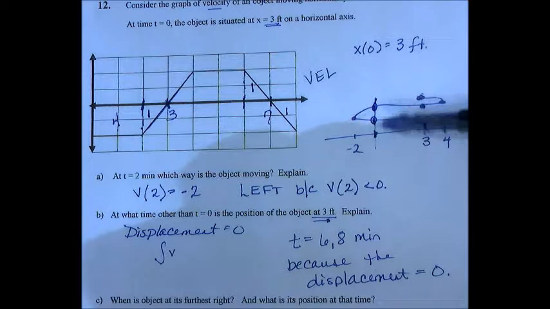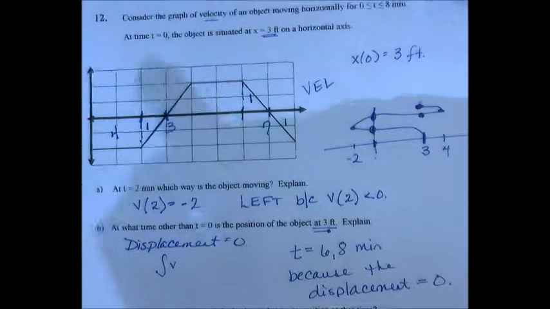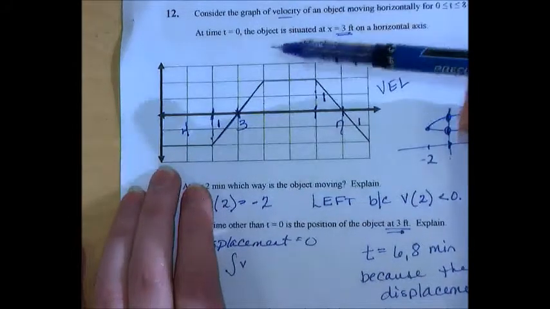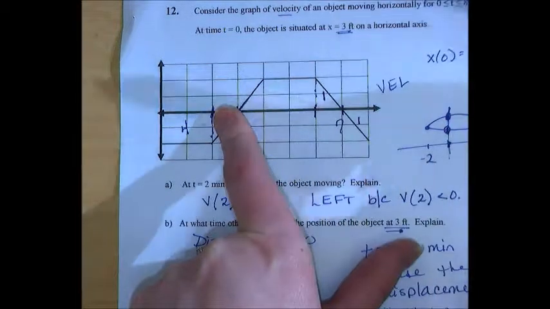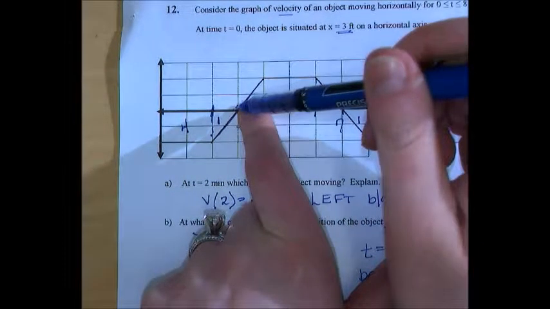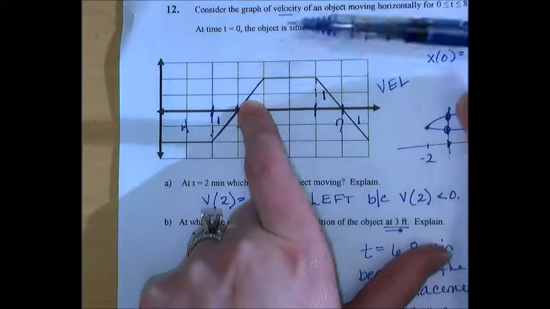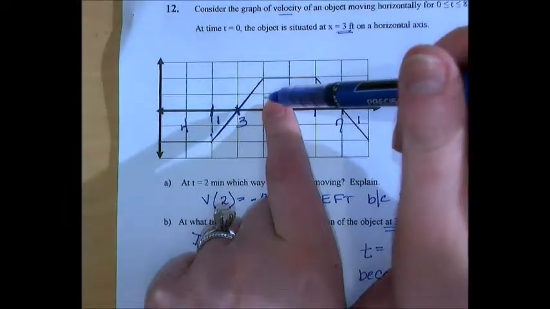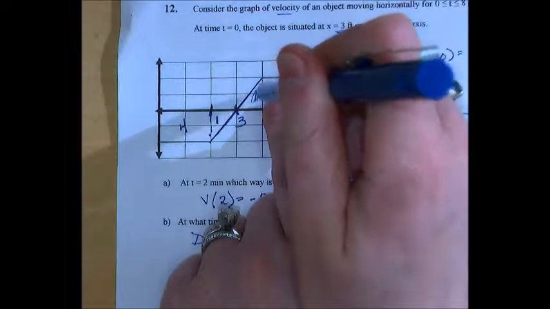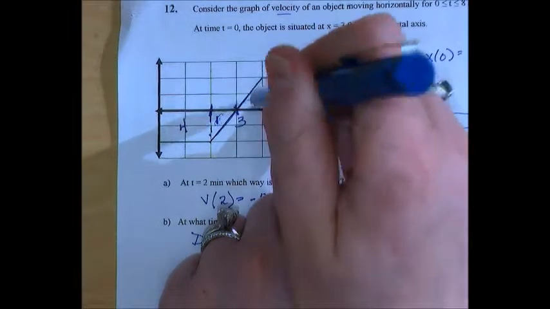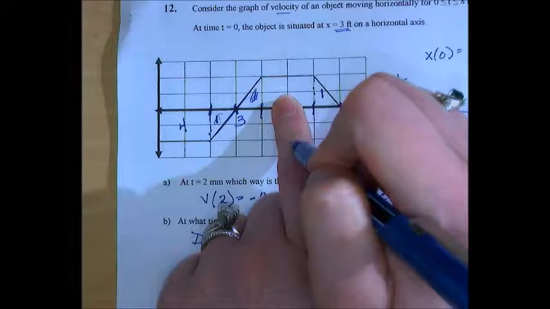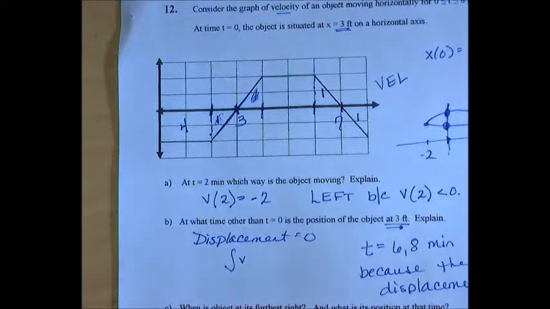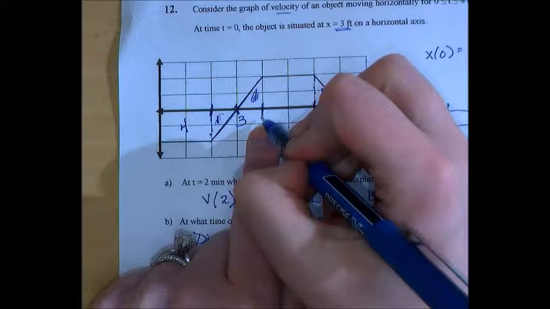So I need to find out, what about that other time? If you look at your graph again, okay, after 2 minutes you have an integral of -4. Here, now I have an integral of -5. But if I go 1 more minute, this +1 and the -1 cancel, and you again have an integral of -4, okay? So my other answer is at 4 minutes.